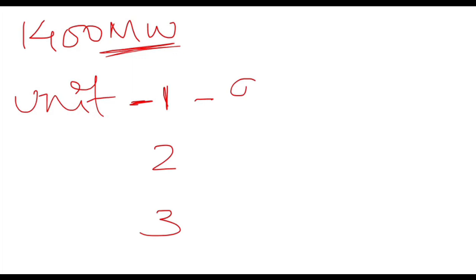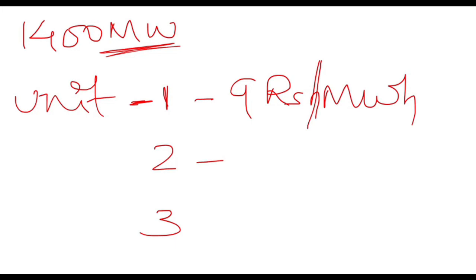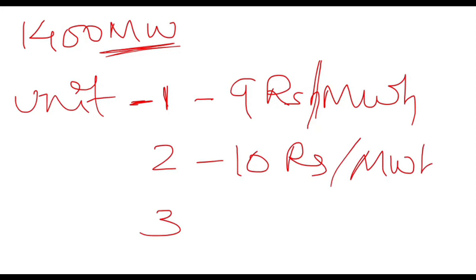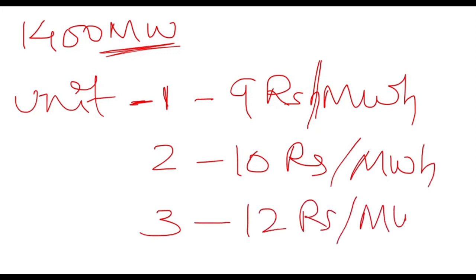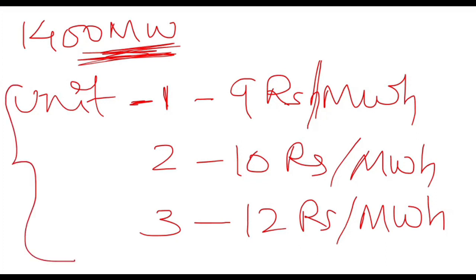For Unit 1, it is 9 rupees per megawatt hour, for Unit 2 it is 10 rupees per megawatt hour, and for Unit 3 it is 12 rupees per megawatt hour. So if you consider the load 1400 megawatt, all 3 units are in priority order, because Unit 1 costs less compared to Unit 2 and Unit 3.